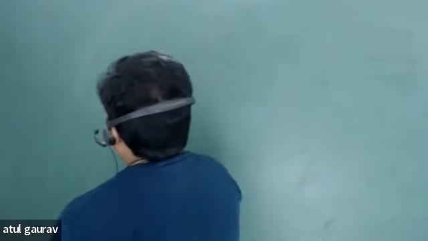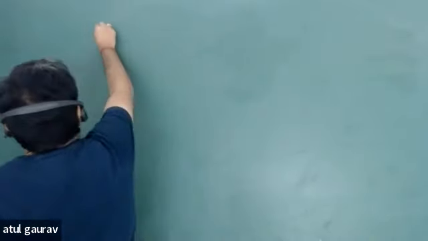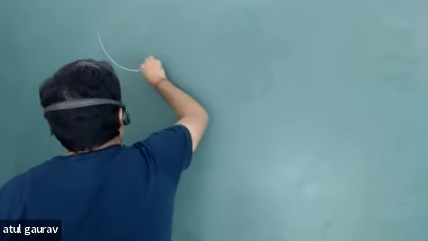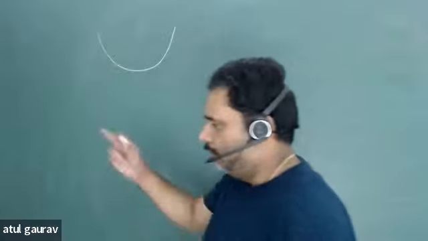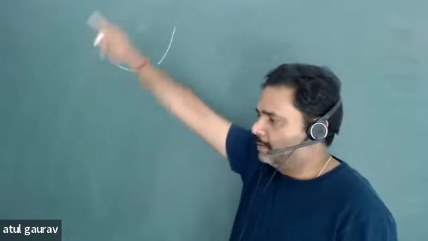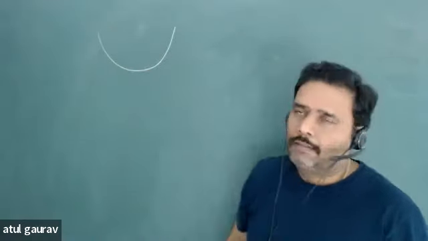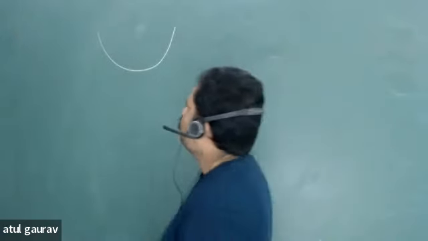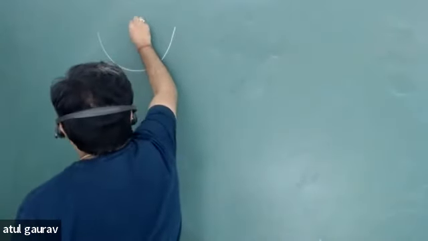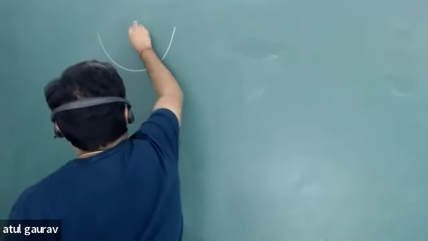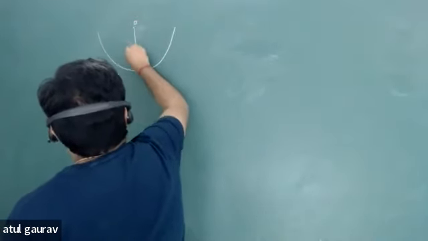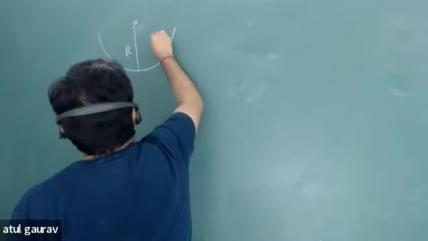Now this one is very interesting. Look here. Suppose this is a circular track, a vertical circular track, something like this. This is the origin of this track. This is a circular track. Let's say the radius of this track is R, and there is a cylinder.